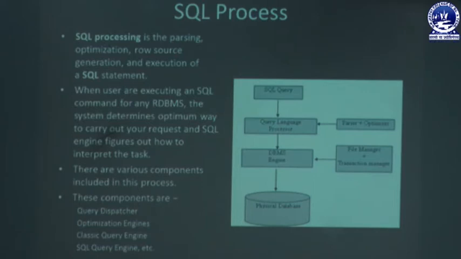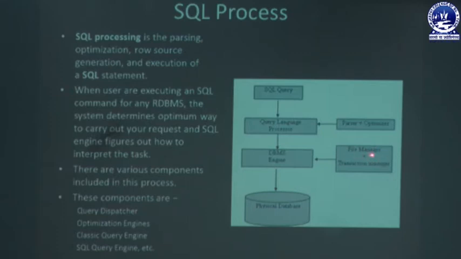And next, in this step, the file manager and transaction manager. The role of the transaction manager in query processing is that it is responsible for creating the transaction object and managing its durability and atomicity.